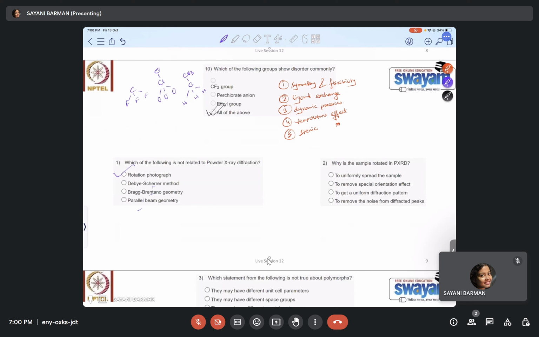So the advantage, let's say, the Debye-Scherrer method is used for particularly studying powders and obtaining information about the crystal structure, phases, and crystallite size.